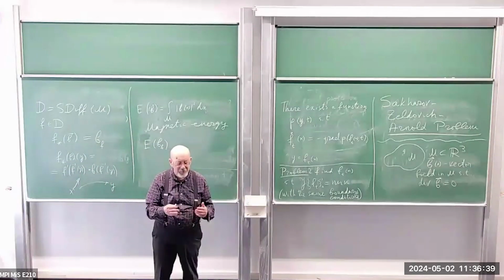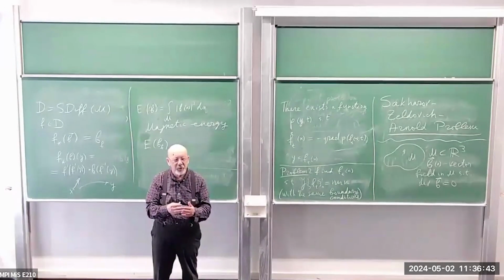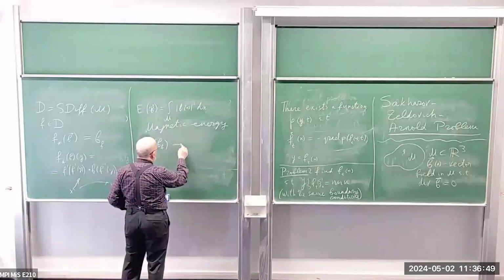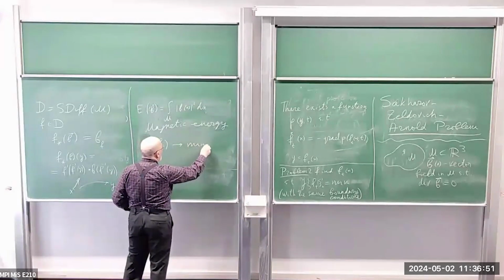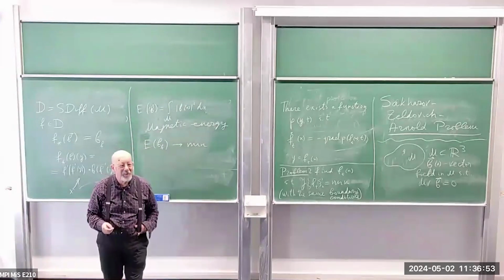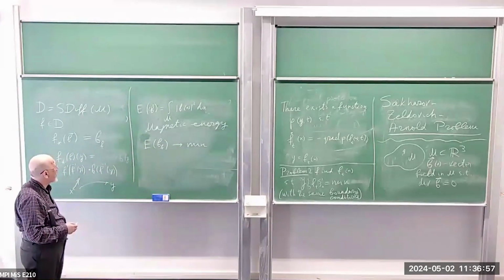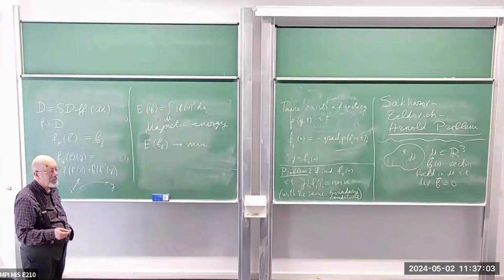It tends to carry this magnetic field in the direction of decrease of its magnetic energy. So we try to minimize it. The question is, does the minimum exist, and what is the nature of the minimum?